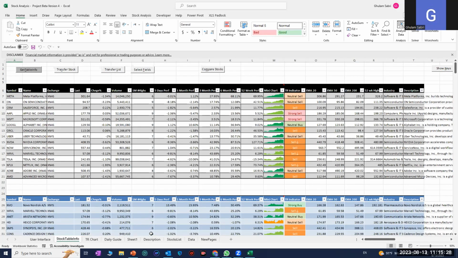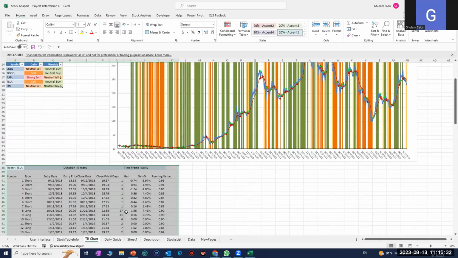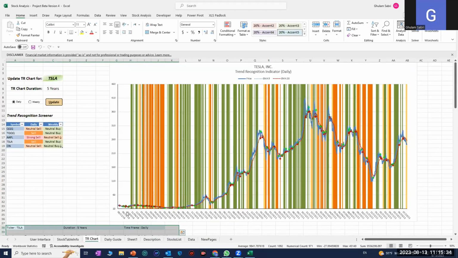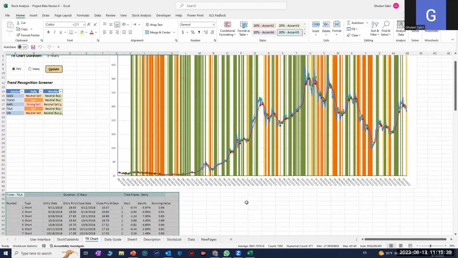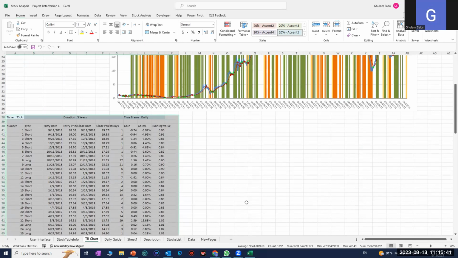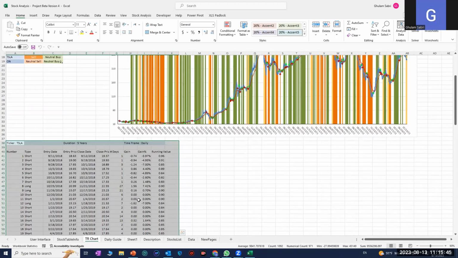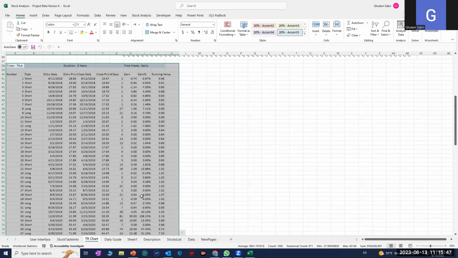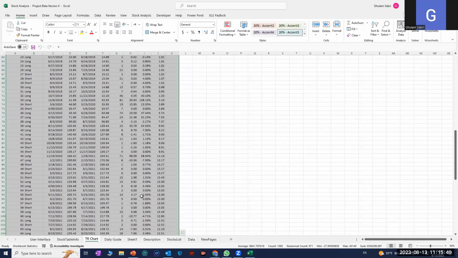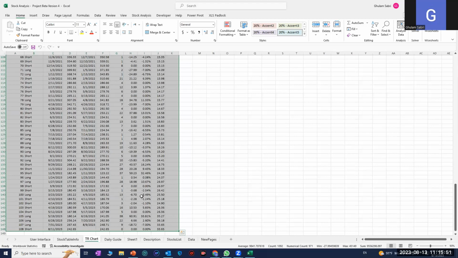Now coming back to the software again. So what I have done, I have run this same chart, TR indicator, for Tesla, let's say. So for Tesla on a daily basis, if you adopt this chart, on the back test, it gives you 108 trading signals, correct?